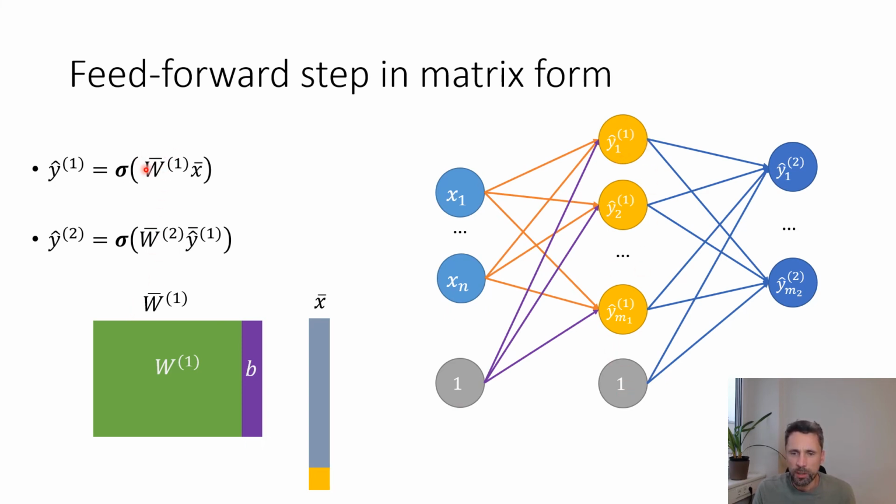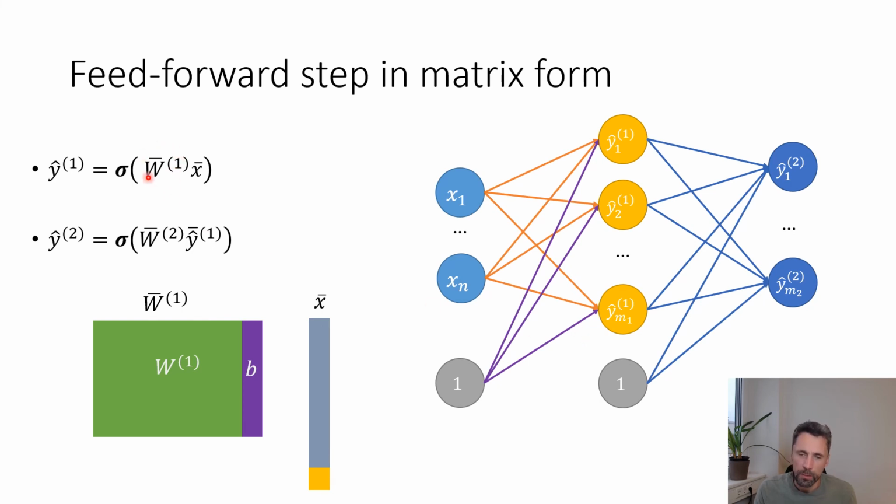And you can imagine this W1 bar to consist of a weight matrix that is only responsible for connecting the inputs x1 through n to the intermediate features. So that's the W without the bar, and adding one column of parameters that correspond to those biases.